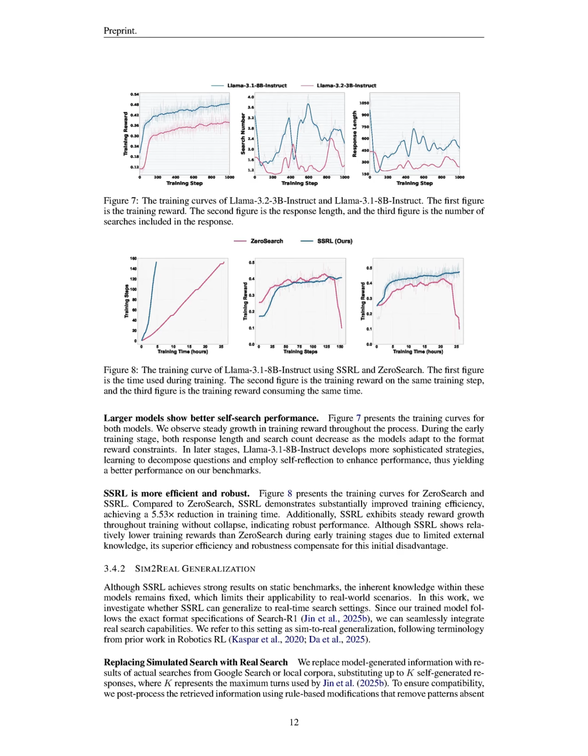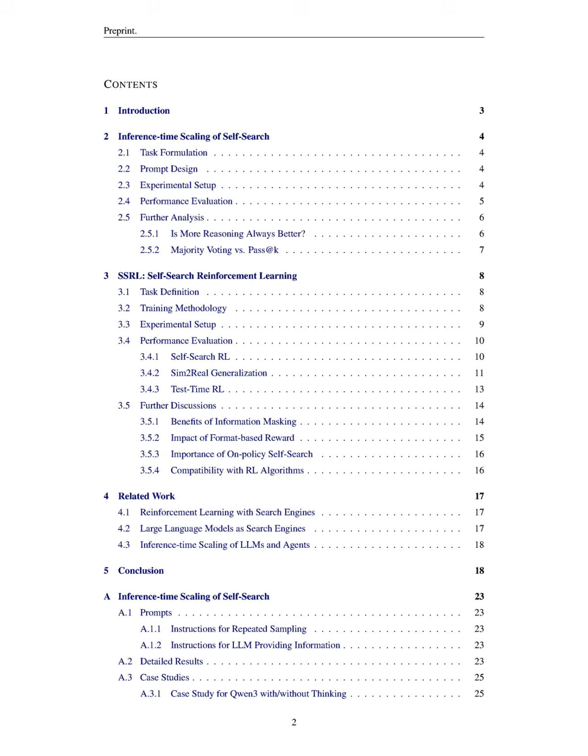Furthermore, the gap between self-generated information and external search results can hinder performance, particularly in complex scenarios like BrowseComp, where the model struggles to leverage external information effectively. These challenges underscore the need for further exploration into enhancing the adaptability of SSRL models for sim-to-real transfer, particularly in integrating external knowledge sources while maintaining performance.